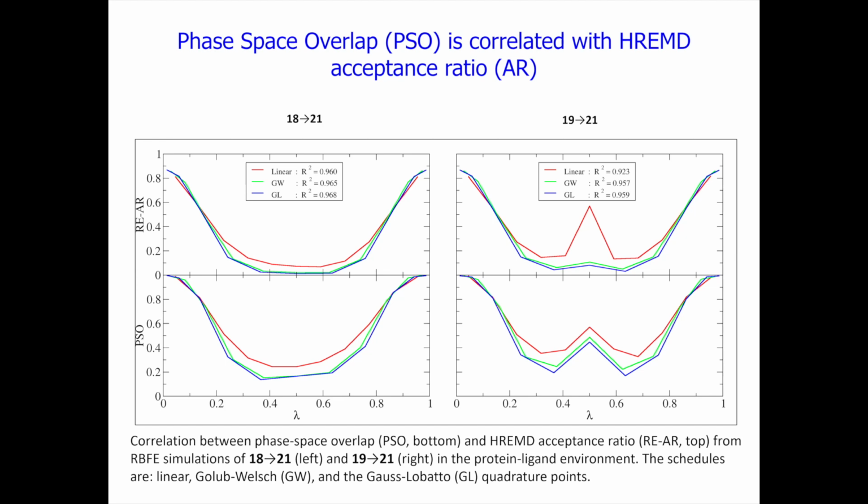So you use a Monte Carlo criterion to ask the question, can I exchange my coordinates so that I can mix the states between this lambda state and the next lambda state? And by doing that, you not only enhance the sampling across the lambda dimension, but you also ensure that each lambda state is in equilibrium with all the other lambda states.